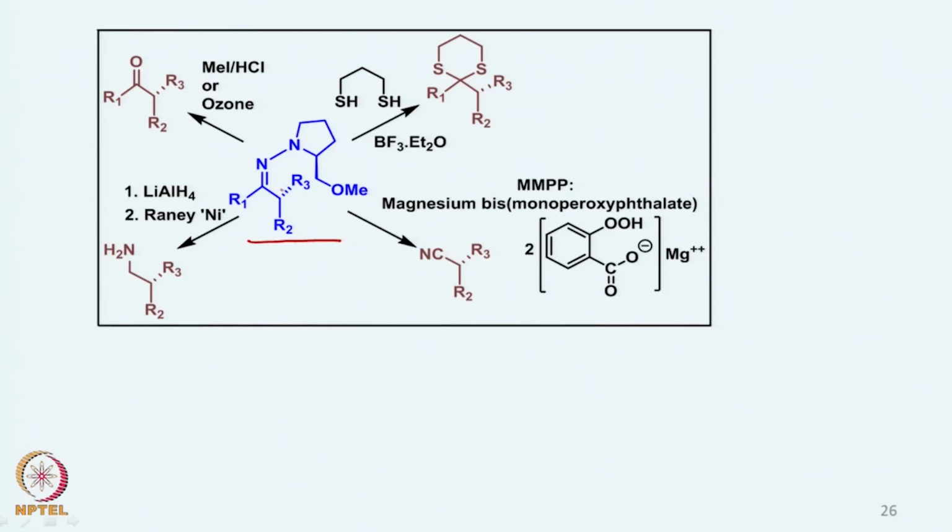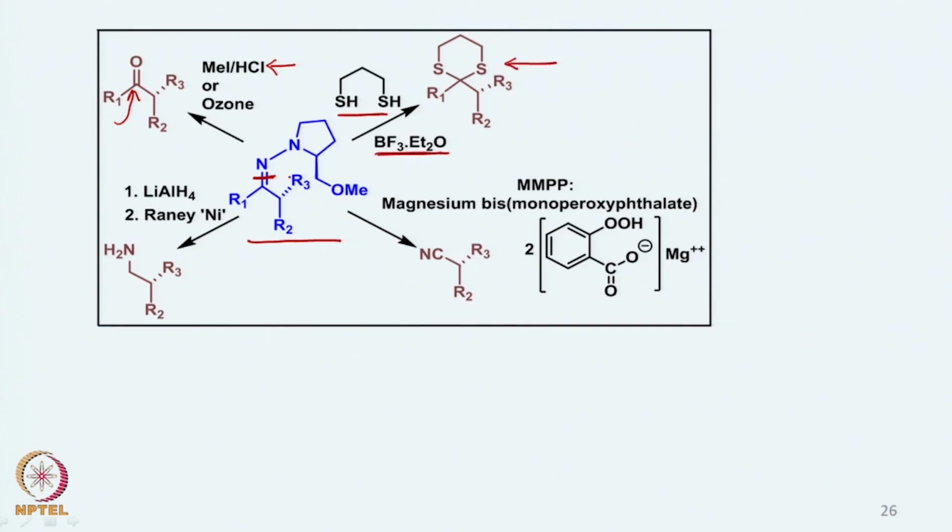Of course we can do the ozonolysis of the carbon nitrogen bond, or we can do the hydrolysis of the carbon nitrogen bond with the help of methyl iodide and hydrogen chloride to form the corresponding ketone. So now we can regenerate it. On the other hand, we can directly react this with a dithiol to prepare the dithiane like this in the presence of BF3 etherate.